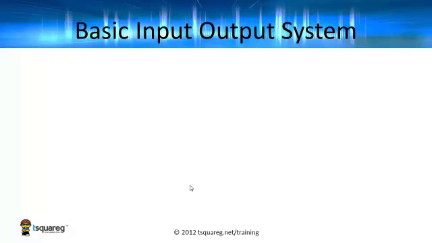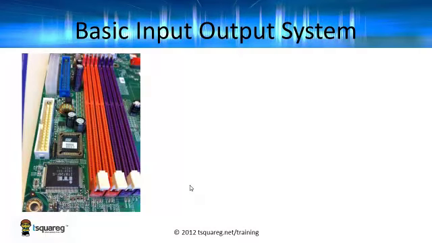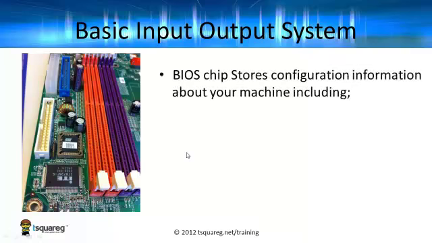Now we're going to start talking about the components on the motherboard in a little more detail. And we start with the basic input-output system chip, or the BIOS chip. It's a photograph of the BIOS over here. It's very important because it stores configuration information about your machine.